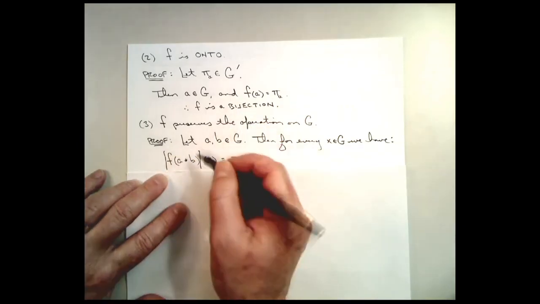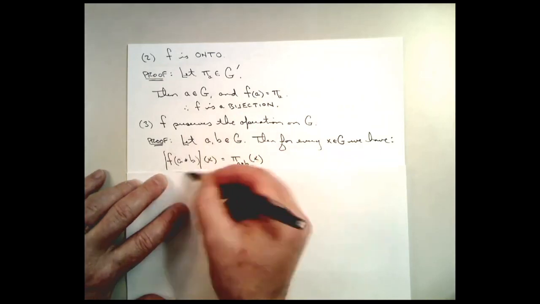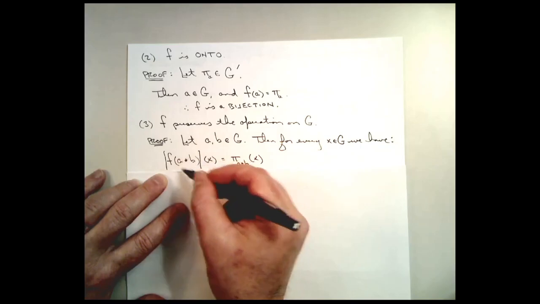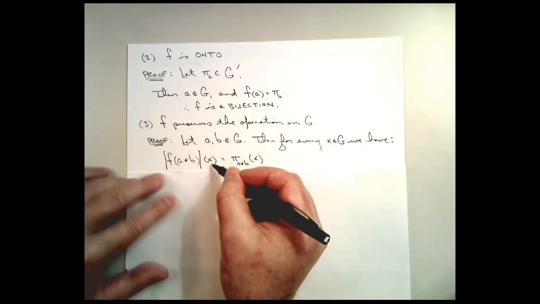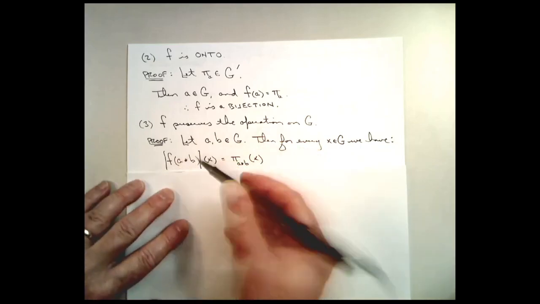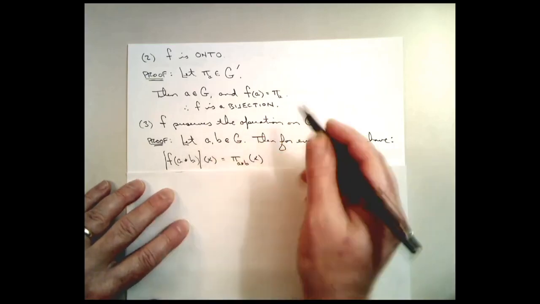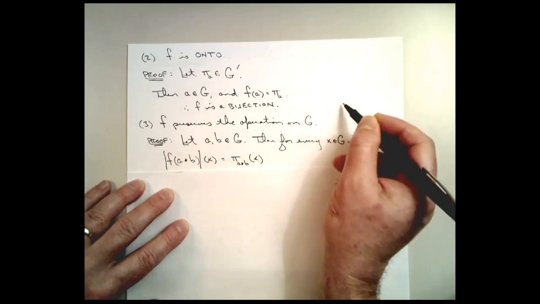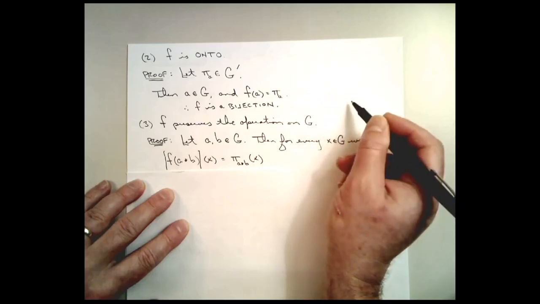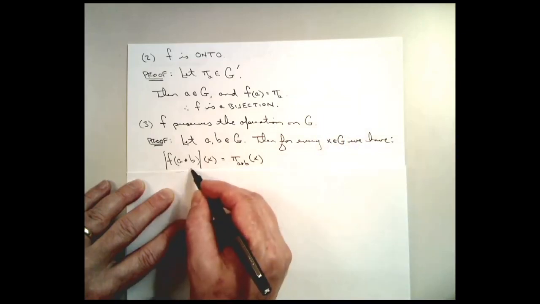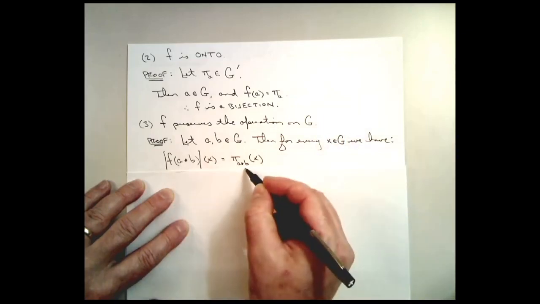To what we've shown, in fact, is a bijection. So F of A star B is a bijection. It's a function, so it makes sense to talk about what this function does to X. Well, F sends each A to pi sub A. It sends B to pi sub B. It's going to send A star B to pi sub A star B.